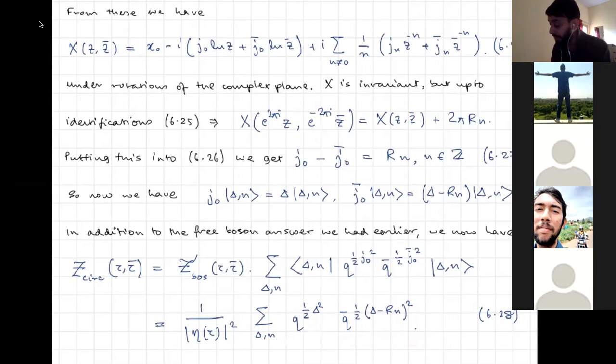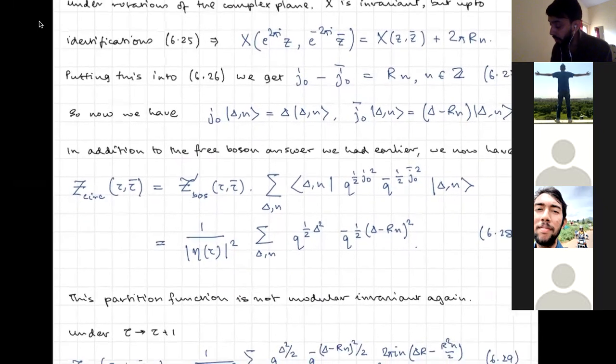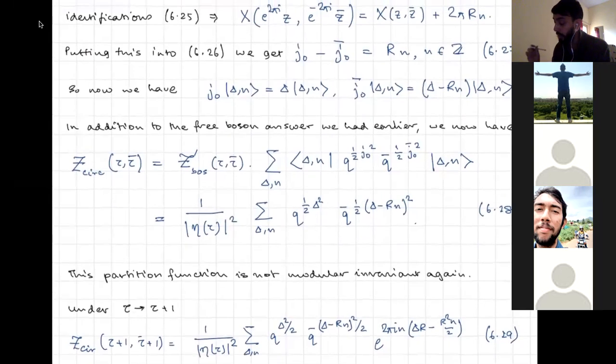Okay, so now what you can do is you can try to see if this particular partition function is invariant under modular transformations. Now something very interesting happens. So let's try to focus on this.